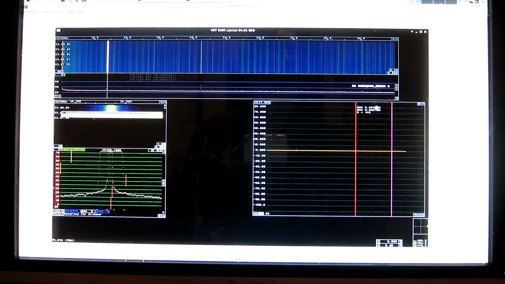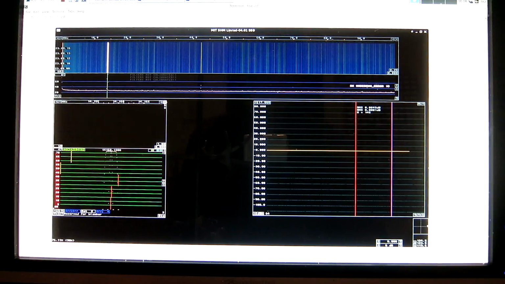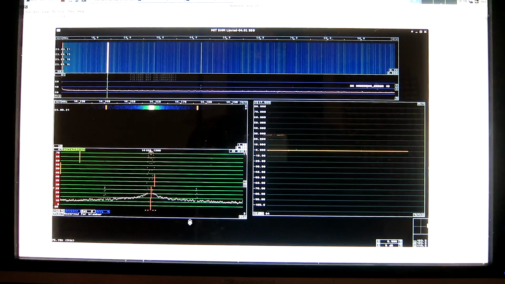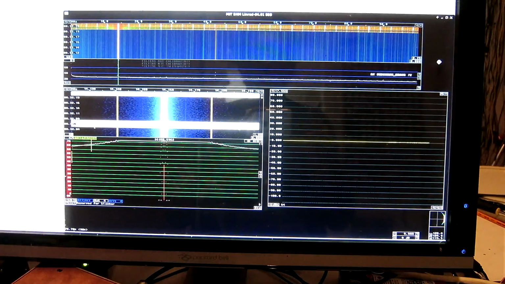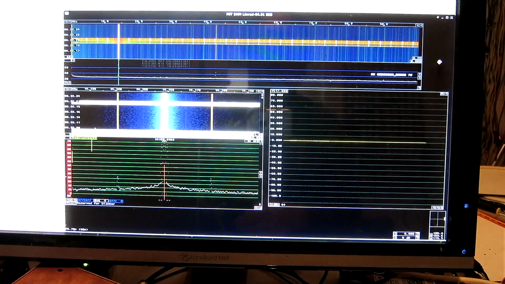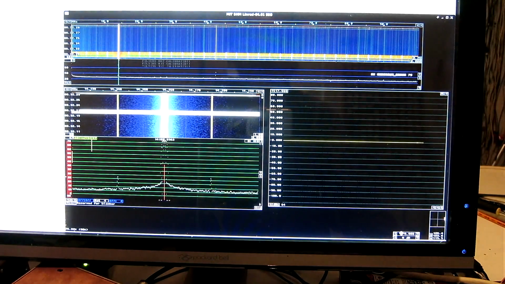You can see 0.005, which is good enough. The spurs, to see them better, I will make this window wider, like that. The computer is heavily loaded. Things go wrong occasionally here.